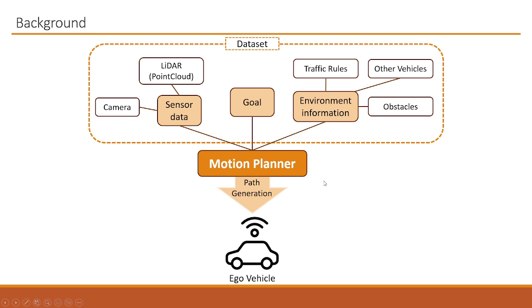Before diving into the details of the paper, let me first provide some background knowledge on autonomous vehicles and related research. The vehicle that executes autonomous driving is referred to as the ego vehicle. The component responsible for generating the path for this ego vehicle is the motion planner, a key element in autonomous driving.